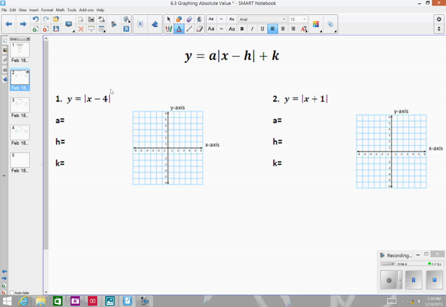My A value is what is in front of our absolute value brackets. In this case, you don't see anything in front of the absolute value brackets. Now what number can you multiply by the absolute value brackets but can still be invisible? When we multiply an invisible number, that number actually is not 0, but 1.